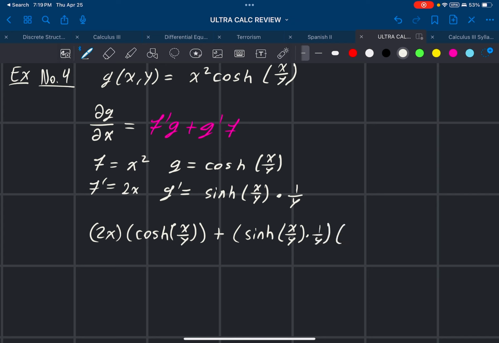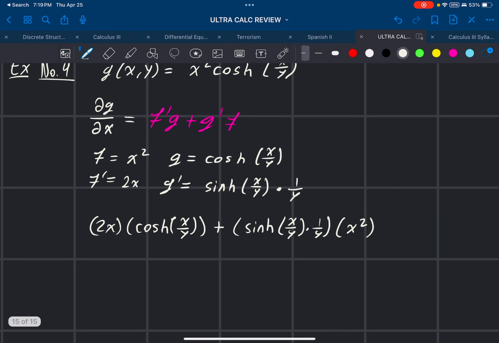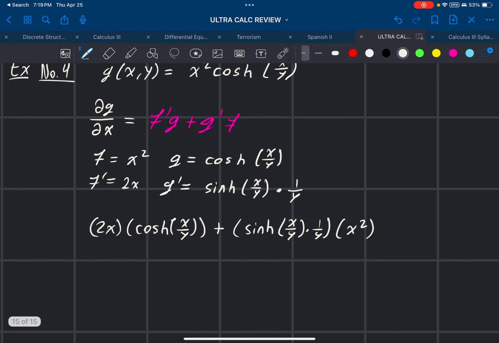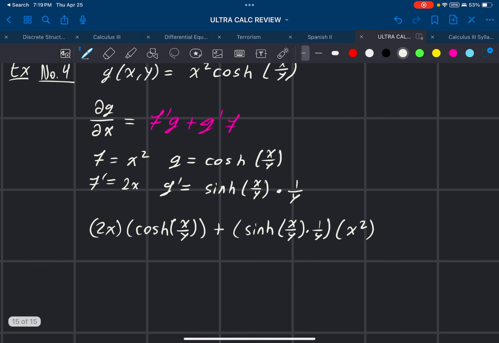And then we multiply that by x squared. So this is our solution for this problem right here. I mean, it doesn't look great, but that's really all we can do with it.